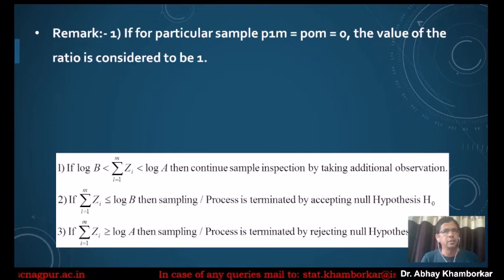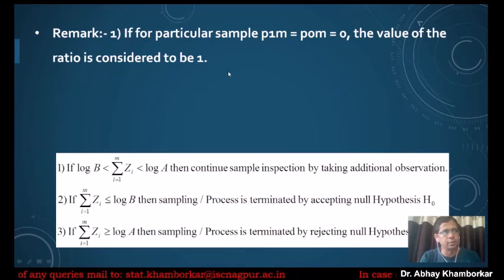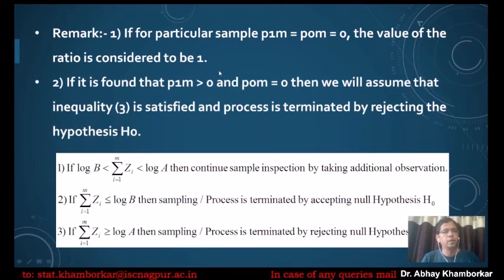One particular situation is if, for a particular sample, p1m upon p0m equals 0. If this situation arises, then consider the value of the ratio as 1 and not 0. Please remember that. That is the first situation.